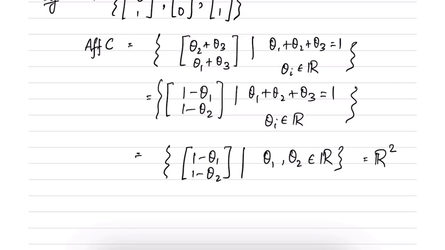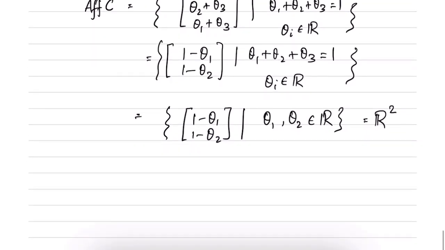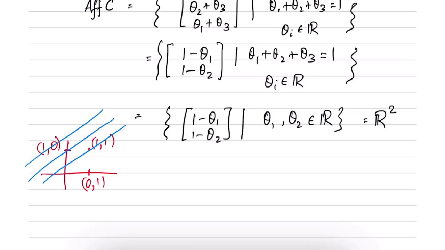This is the xy plane, or the two-dimensional plane. So the affine hull of 3 points of this form, which were not collinear by the way, is the entire R2 plane.